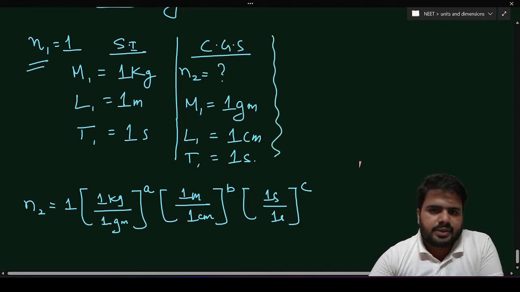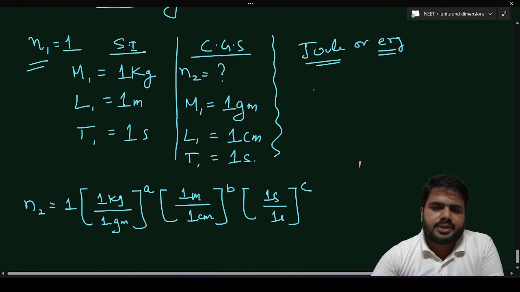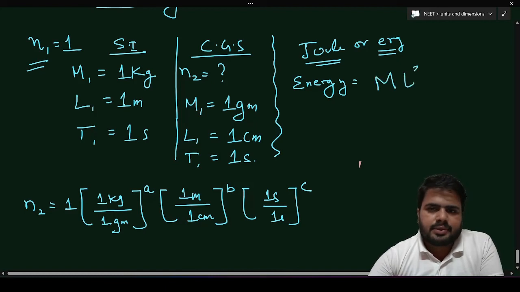So you see here the joule or erg, all these units belong to energy, and we know the dimensional formula of energy as M L square T to the power minus 2.